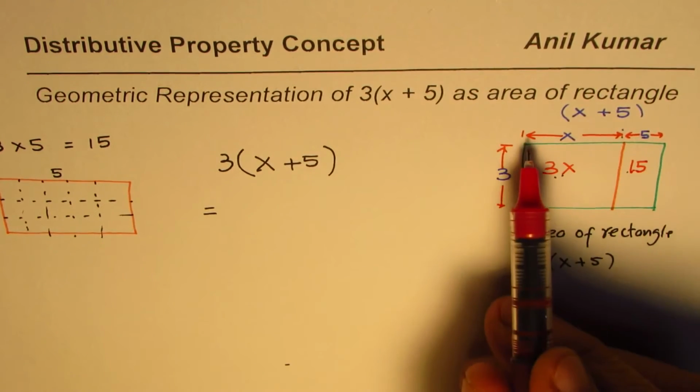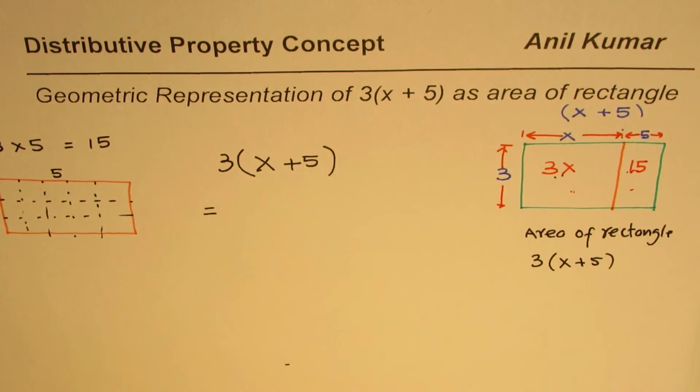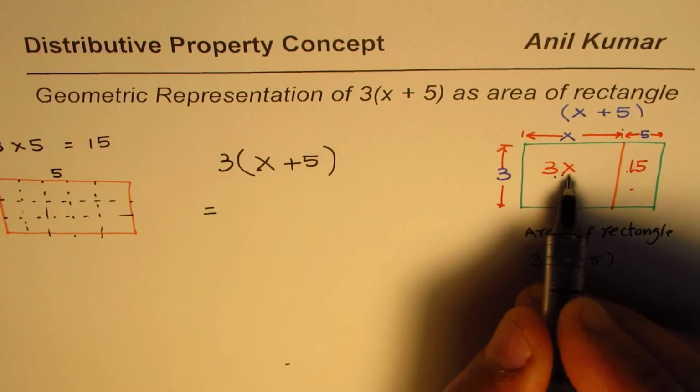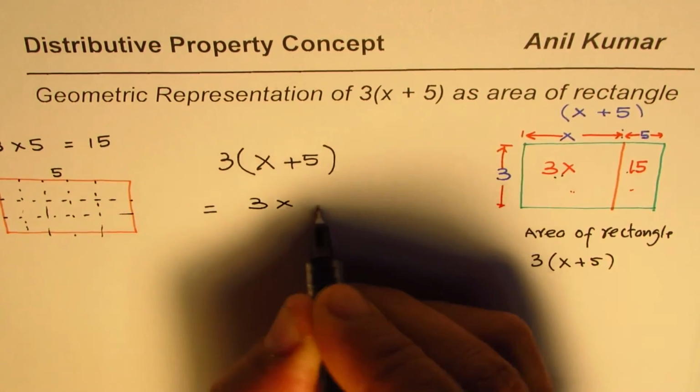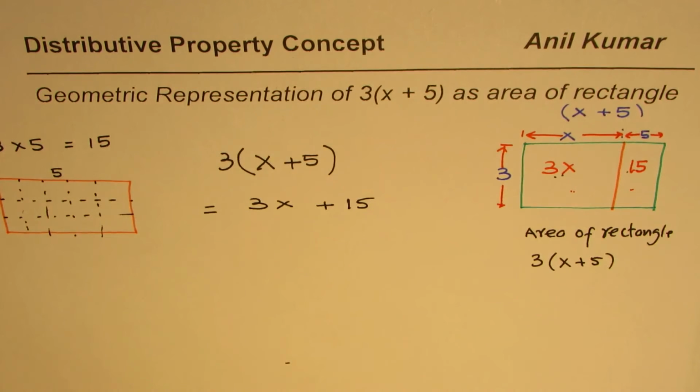Since the total area of the rectangle is the same as the sum of these two rectangle areas, we can write 3 times x plus 5 as 3x plus 15. 15 is 3 times 5. Do you see that?